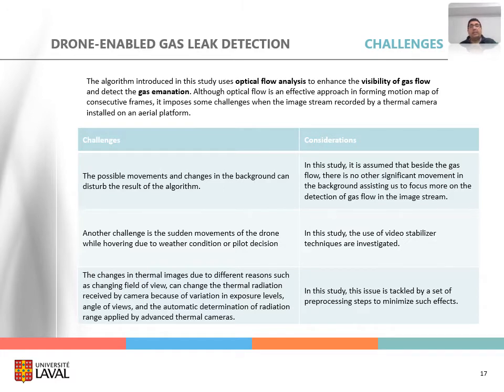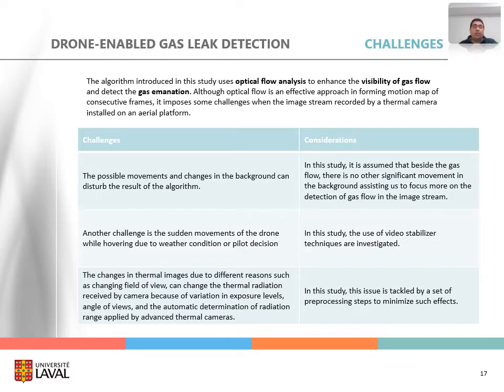Another challenge is the sudden movement of the drone while hovering due to weather conditions or pilot decisions. So in this study, the use of video stabilizer techniques is investigated to see how they can improve the performance of the algorithm processing the aerial footage of gas leaks.